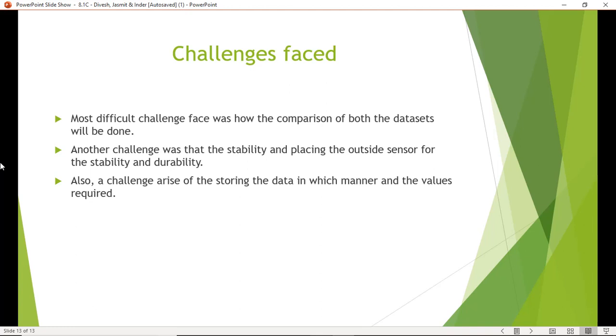If we take a temperature sensor from inside the house to outside, some take time, some don't, but some sensors take time to stabilize in that environment and then start taking accurate readings. This was the challenge that we faced. This was, I think, the big issue that we faced, even bigger than the comparison of both data sets.